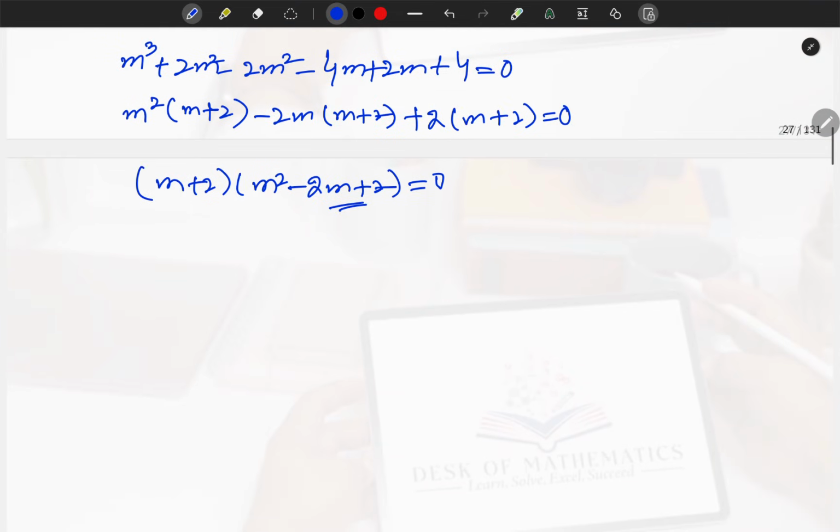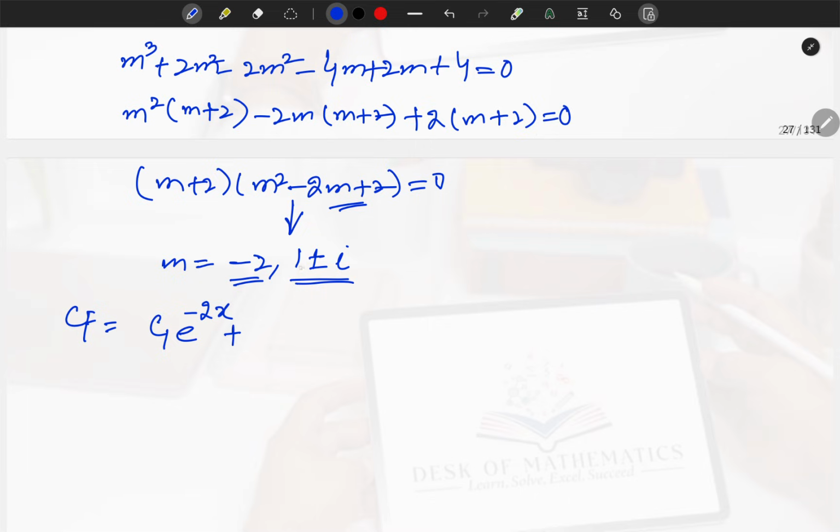Same you will get here. So from this you will get the quadratic equation, so from this you will get the two roots. That's minus b plus minus root of b square minus 4ac over 2a. So the two roots will be minus 2, 1 plus minus iota. So this one is real, this one is complex. So what is the complementary function? c1 e raised to minus 2x for the real root, plus, now we have complex roots here, so alpha is equal to 1 and beta is also equal to 1.